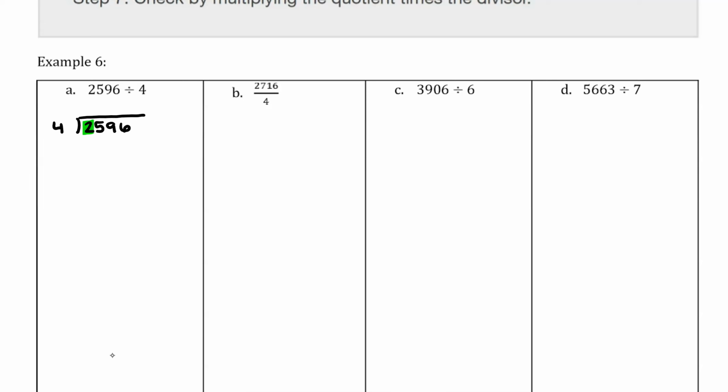Well, 4 doesn't go into 2, right? 2 divided by 4 is a fraction. So we'll use both 2 and 5. So what is 25 divided by 4? Well, 4 is going to go into that 6 times with 1 left over.